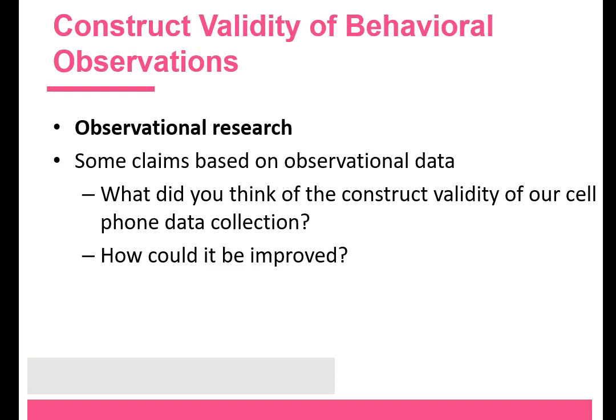Observational research, this would be like the cell phone study. Some claims are based on observational data. What's important there? Well, we need to be sure we have good construct validity. How are you thinking of the construct of the variables in the study? So, for example, safe and risky crossing.